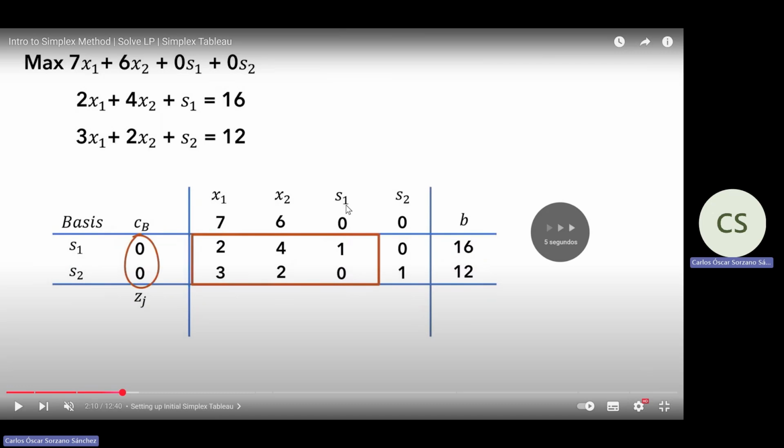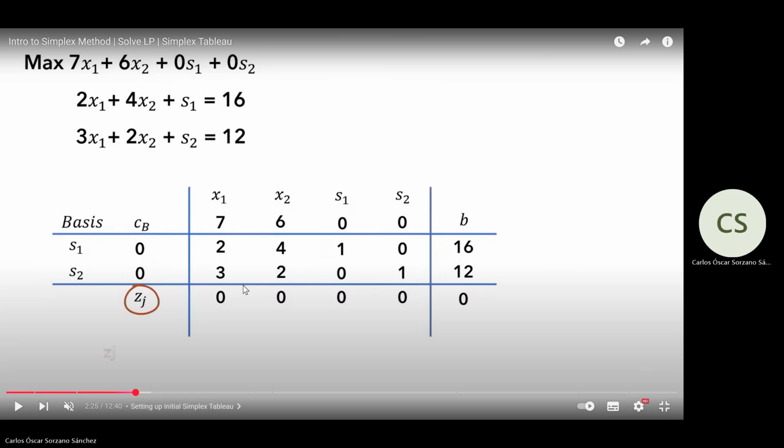Then we will write something else. You will multiply these coefficients times this vector. So 0, 0 times 2, 3 is 0. This is an inner product: 0 times 2 plus 0 times 3, and 0 times 4 plus 0 times 2. So we have this inner product, and this 0 for all of them, and the same here.